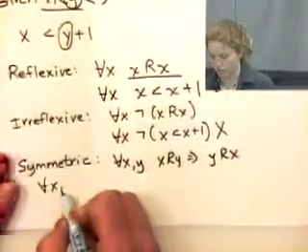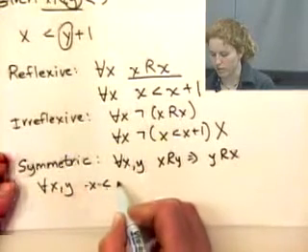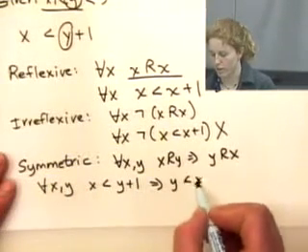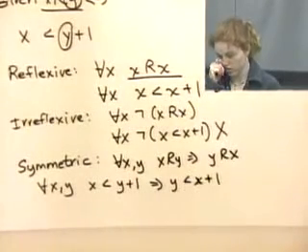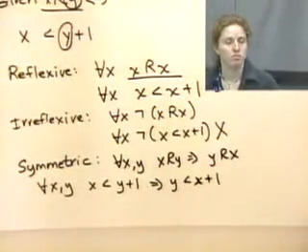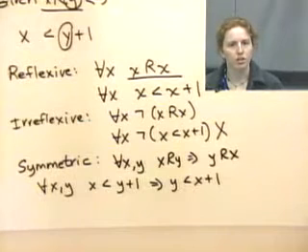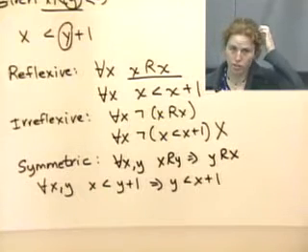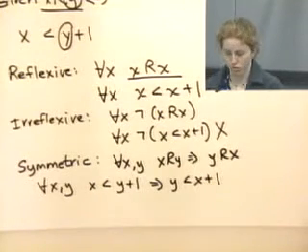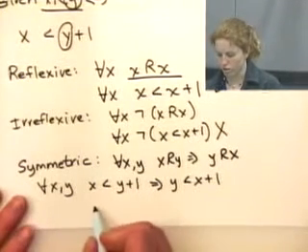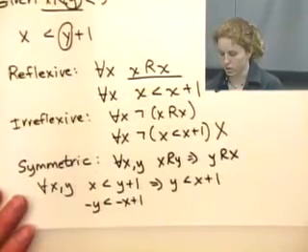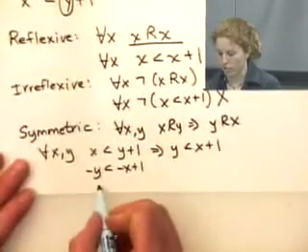If x is less than y plus 1, that implies that y is less than x plus 1. It's not going to work, right? And if I'm not sure, I could try to get the y on the left-hand side of this one. I could say minus y less than minus x plus 1, and then multiply by negative 1 on both sides.